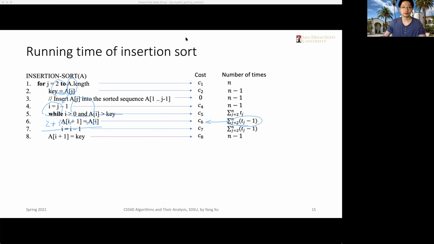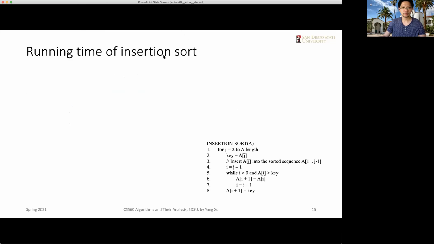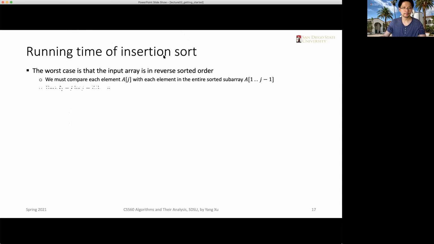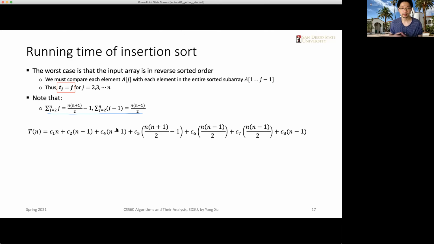So given TJ equals J, we can substitute these two terms into the term for the total running time, the capital T. All right, and that makes things solvable in a slightly more complex form.